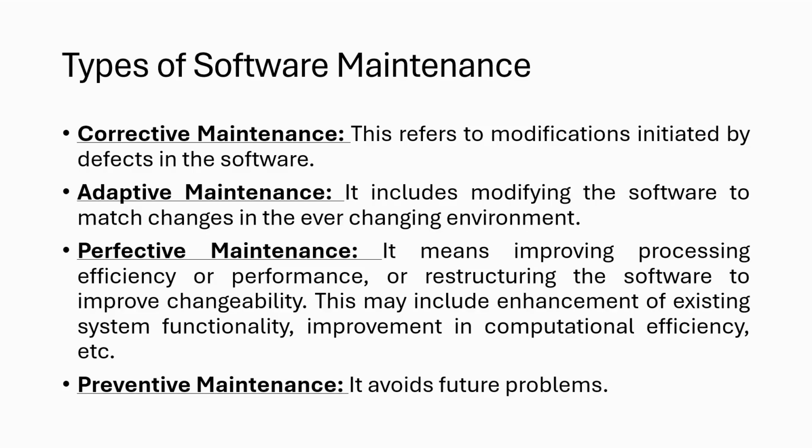Suppose when we are dealing with bugs or errors, we call it corrective maintenance. When we are dealing with adaptive, for a changing environment, like changing software from Windows 10 to Windows 11, if a new version of Windows comes, then changing the software so it can handle a new environment, like Android to iOS, it is all part of adaptive maintenance.